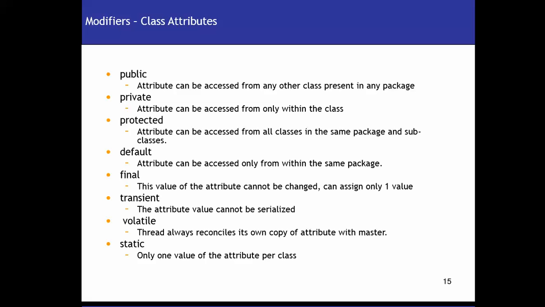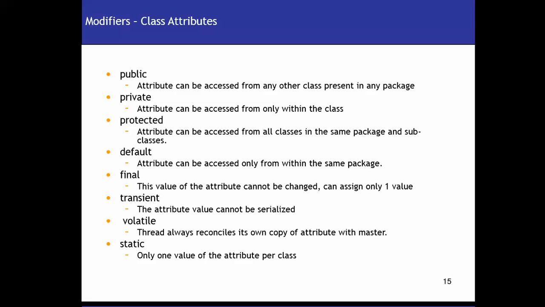Suppose you have written multiple threads and there is a master thread. When you put volatile, the thread keeps its own copy in sync with the master. We will discuss this threading concept further later.